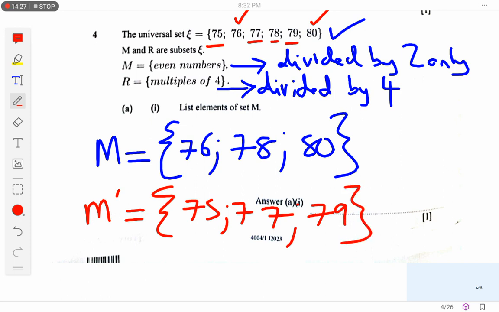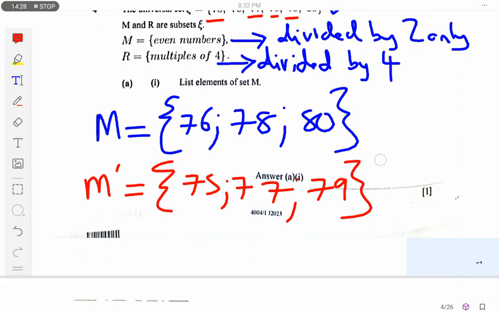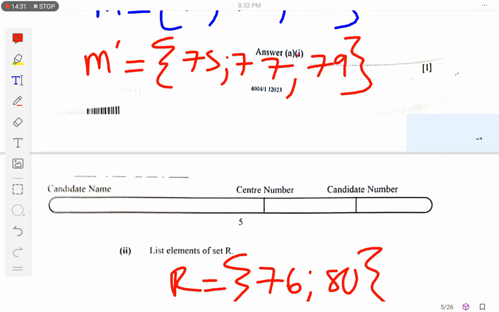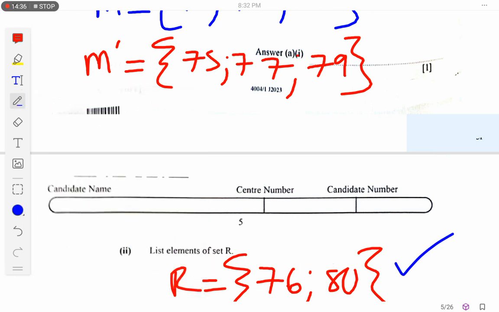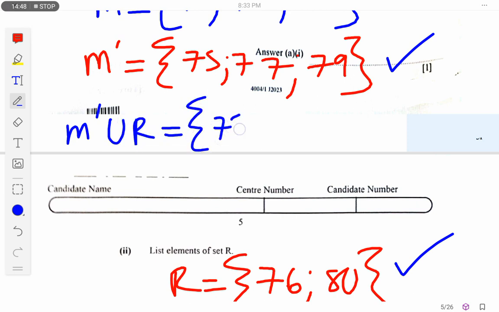Okay, that's the first step. Now we want to combine these elements that are not in M with the elements that are in R. Okay, so our R is down here. So let's combine. If I combine these two, what do I have? You find out my M complement union R is going to be equal to, I'll have 75 here, 76 down there.